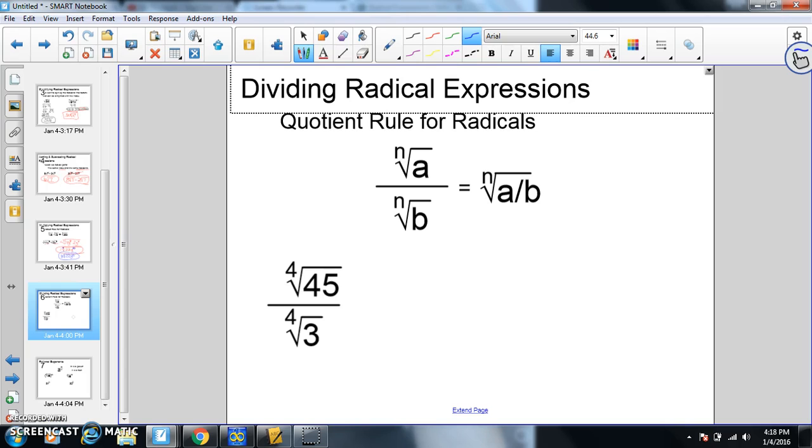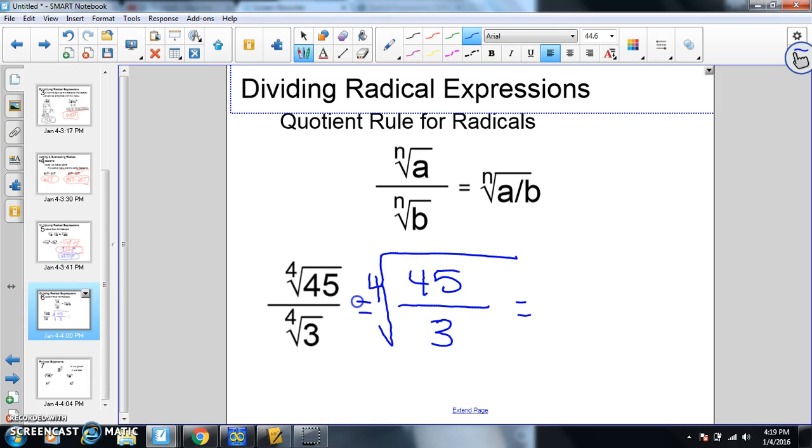Dividing radical expressions, we're going to use the quotient rule. So once again, we need to have the same index, and then we will just, instead of multiplying, now divide our radicands. So since we have a 4 as our index in both of those radicals, I'm going to be able to rewrite this as the 4th root of 45 over 3.